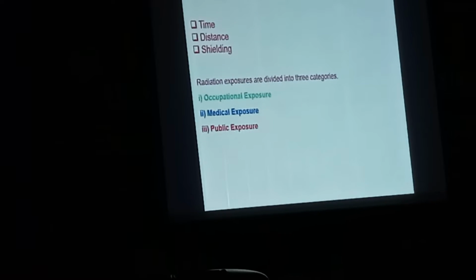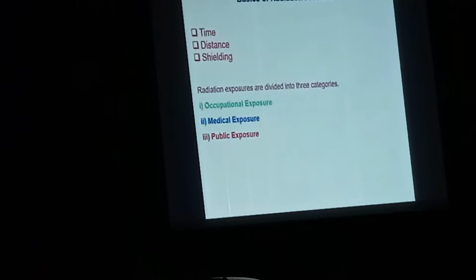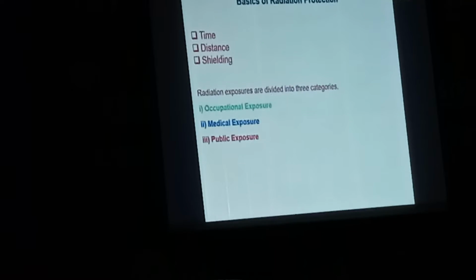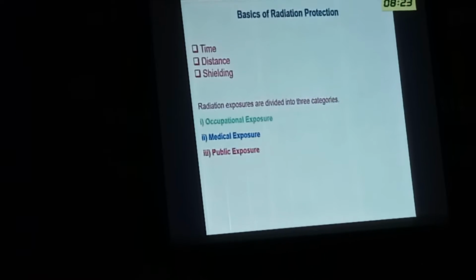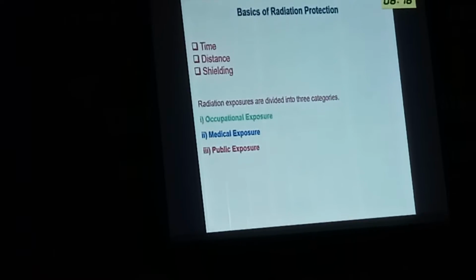We have a regulatory limit for occupational and public exposure, but we don't have any limit on medical exposure. That is solely dependent upon the medical fraternity, who judge whether X-ray, CT or IR can be performed or not. The regulatory body does not have any guideline for this kind of medical exposure.